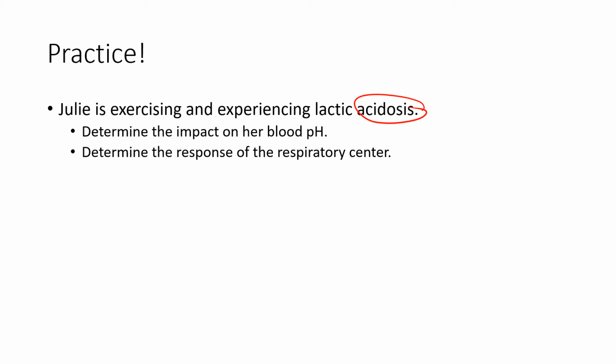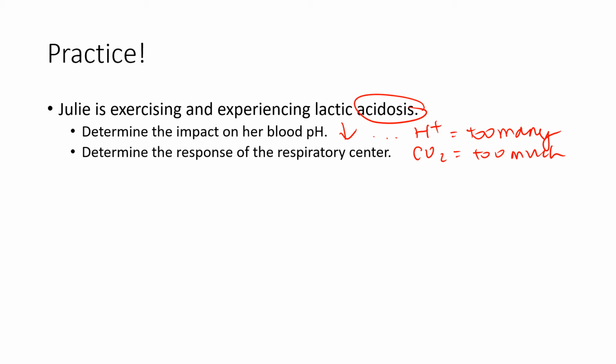So what does that mean has happened to her blood pH? Is her blood pH too high or too low? It's too low. And what does that tell me about her hydrogen ion concentration? Too many. Okay, and we know there is a direct relationship between hydrogens and carbon dioxide. So that means I've also got too much CO2 in the bloodstream.